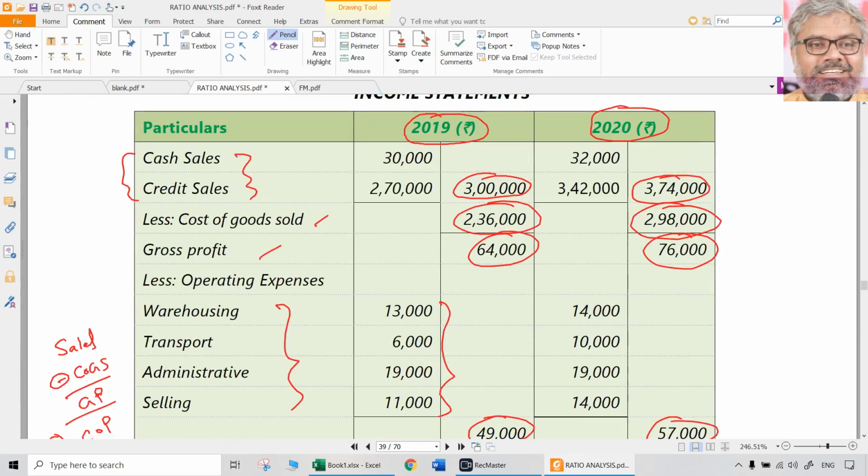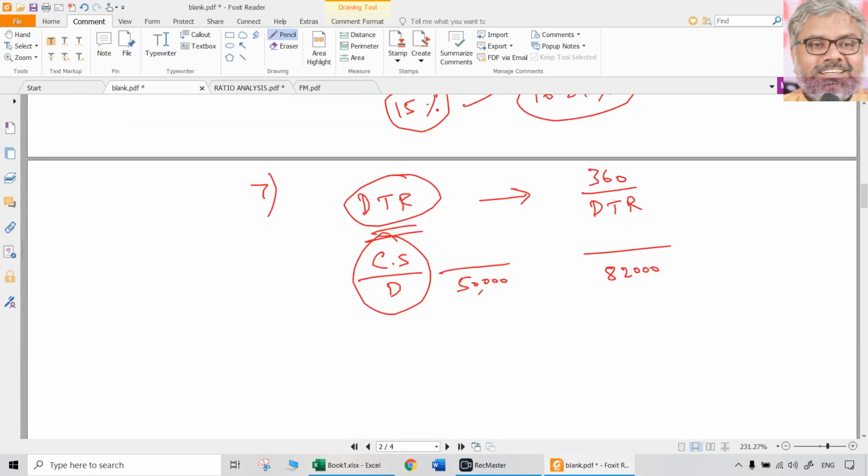Credit sales are given separately: 270, 342. So, how much is the debtors turnover ratio first? 270 divided by 50, approximately 5.4 times. 342 divided by 82, approximately 4.17 times.